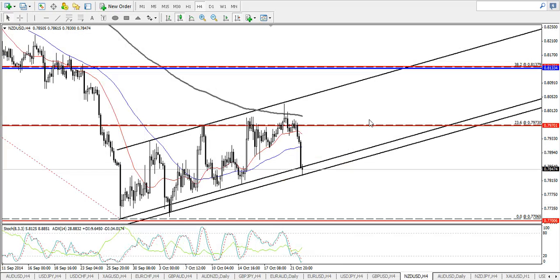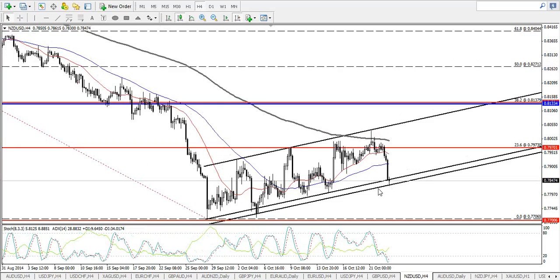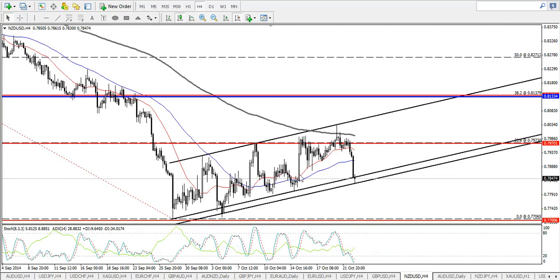Next, we shall look at the New Zealand dollar against the US dollar. Again, very interesting. This morning the inflation data for New Zealand actually fell below the forecast, but was similar to the previous data. So what we're seeing here is the price has tumbled and landed at the bottom of the rising trend channel, and right now we are seeing that a magic candle is about to reverse in another hour or 30 minutes' time.